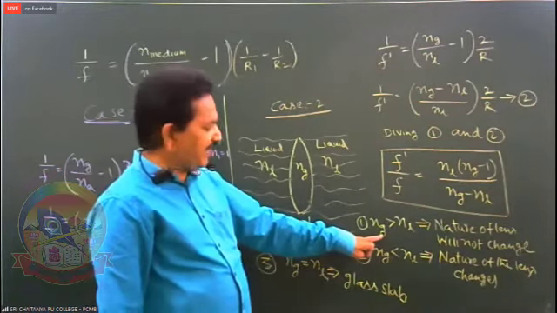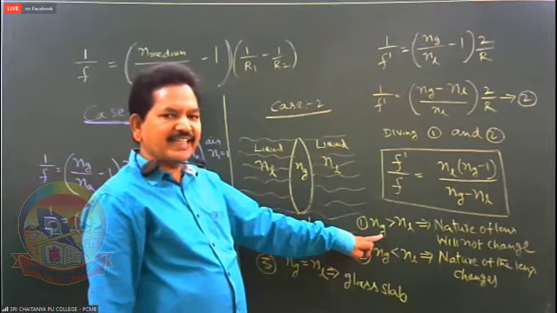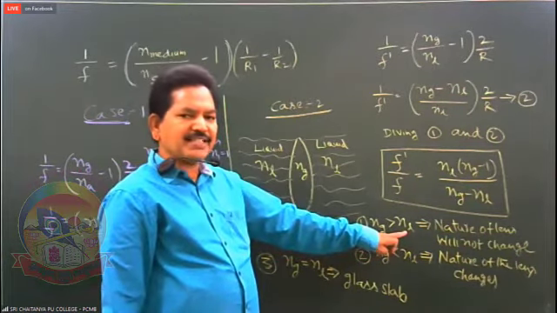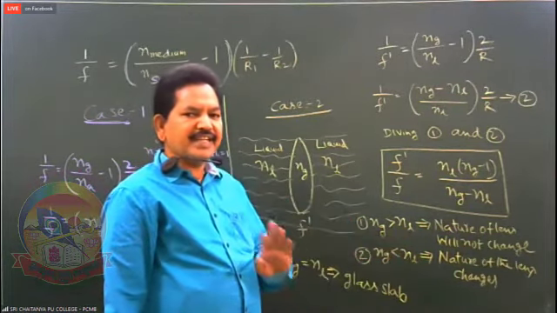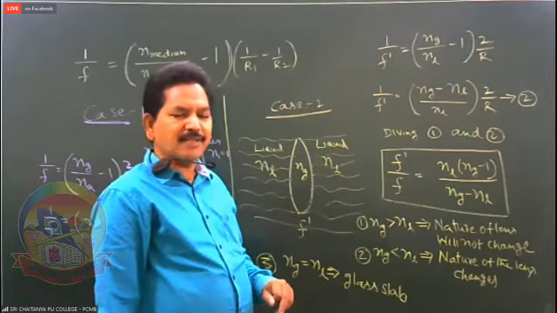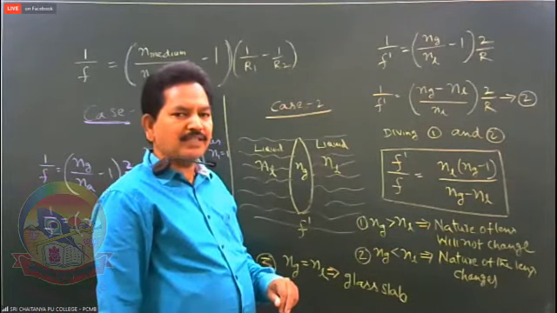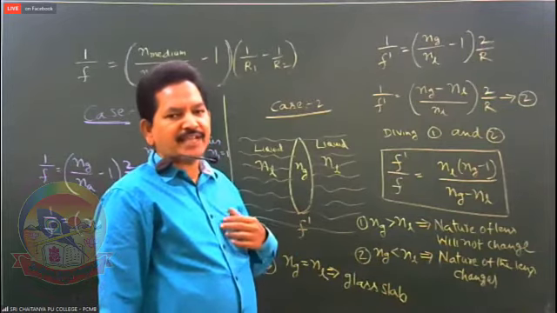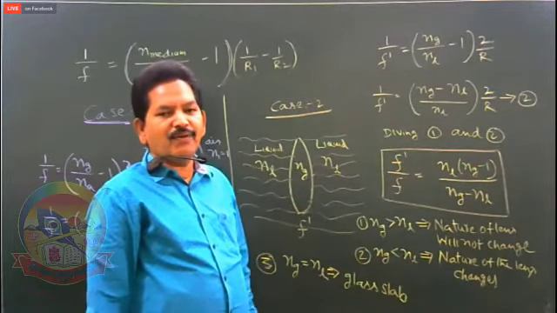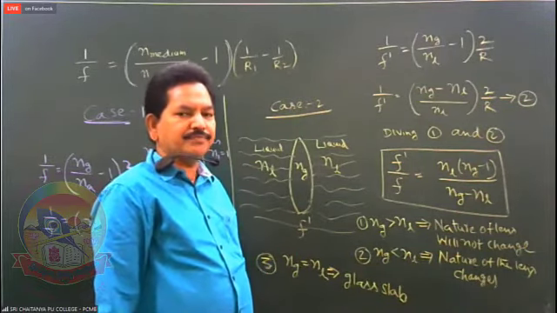If the refractive index of the glass is greater than that of the liquid, the nature of the lens will not change. Convex lens behaves as convex, concave lens behaves as concave.